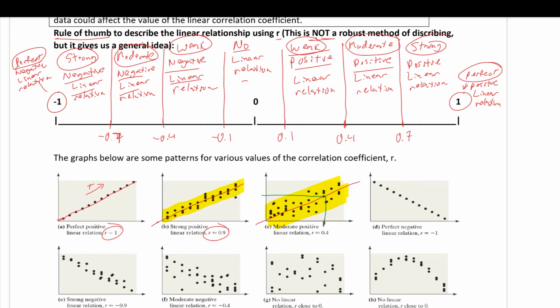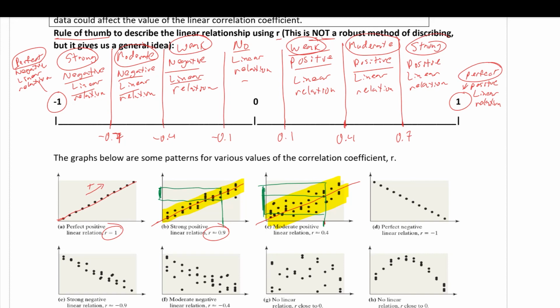And as you can see, there's probably less confidence in that value, because this band is a little bit wider, as opposed to over here, where the predictive ability of this best fit line is a little bit tighter. So those values are a little bit closer than in this case.